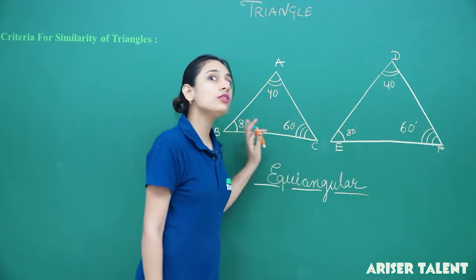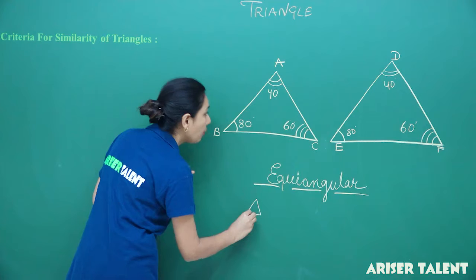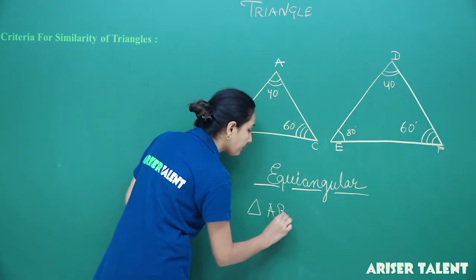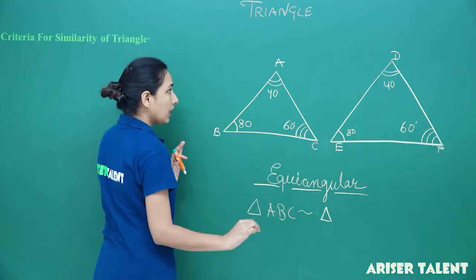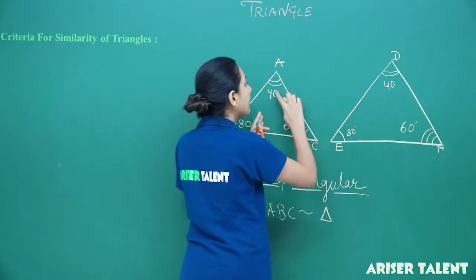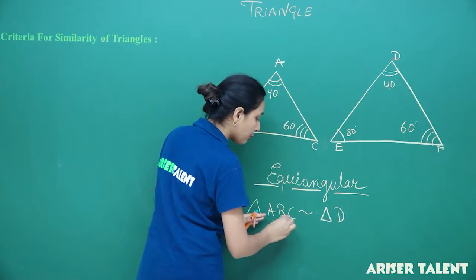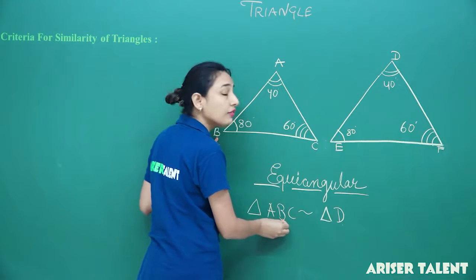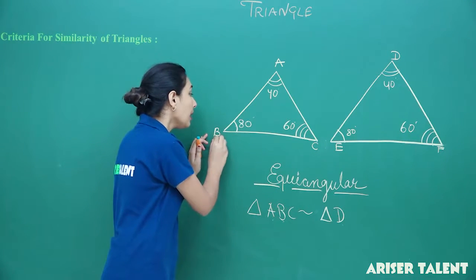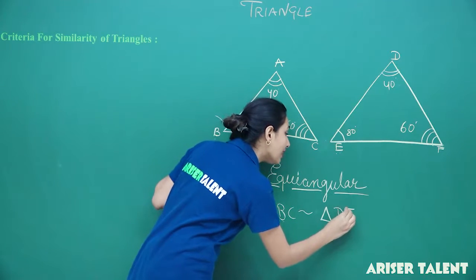Now if these two are similar triangles, we will write it like this: triangle ABC is similar to triangle, now angle A equals angle D, so corresponding to A we write D here. Angle B corresponds to E, so we write E here.